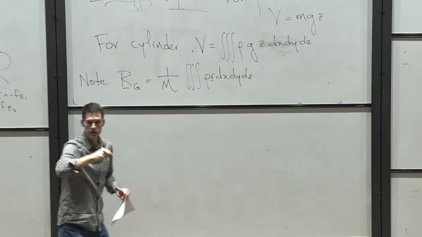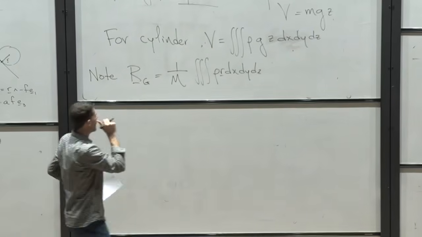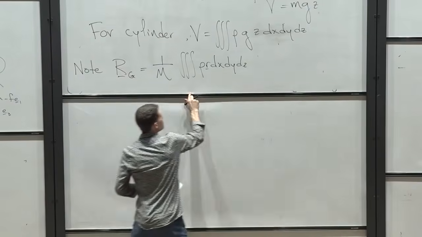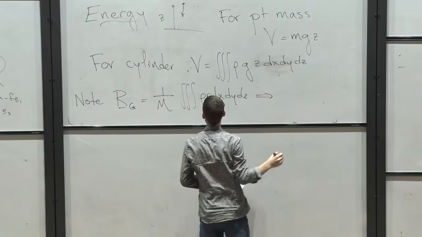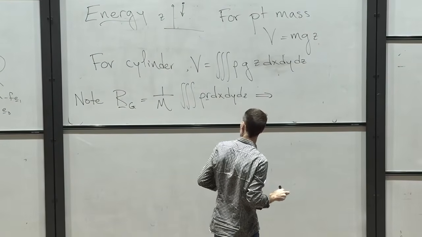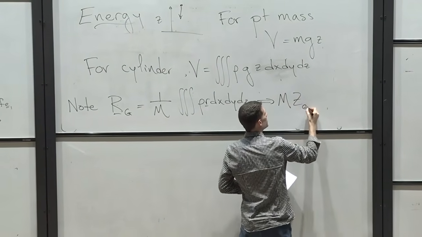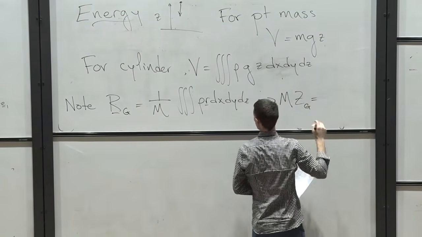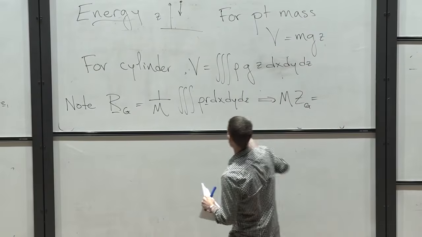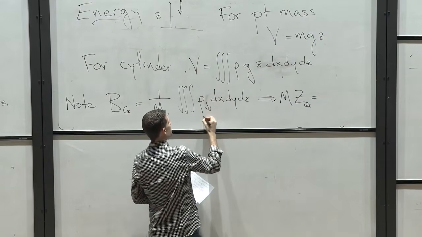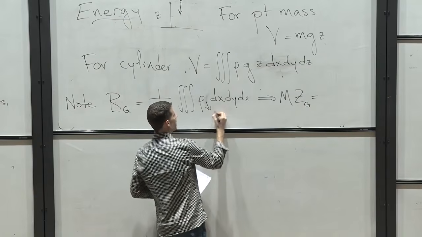I need the position vector r of points in the body. What I really mean is times the vector x, y, z.